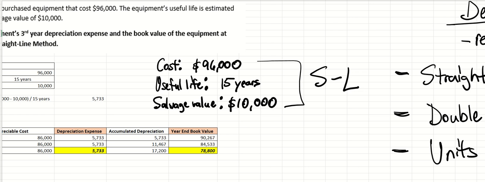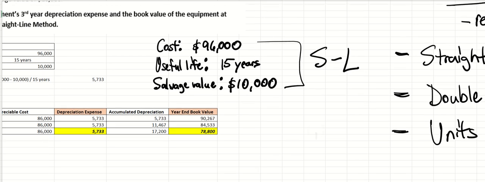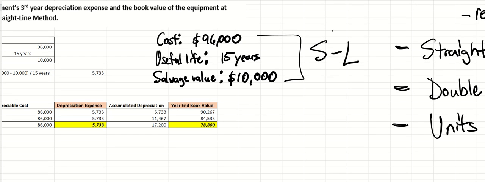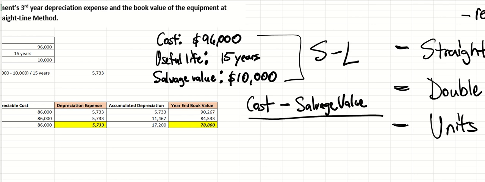That stands for straight line. The formula to use for straight line method is we're going to take the cost of the equipment or physical long-term asset, minus salvage value, divided by useful life.